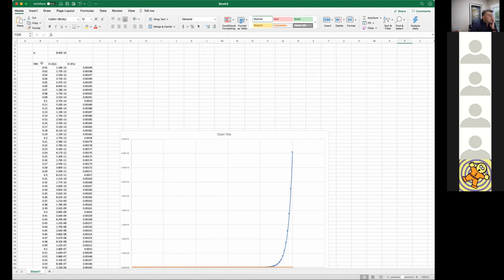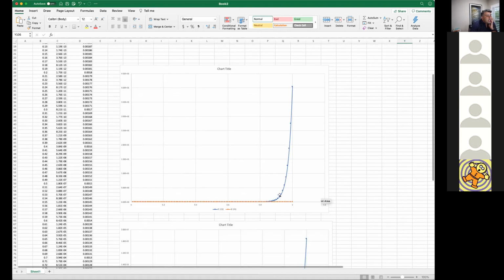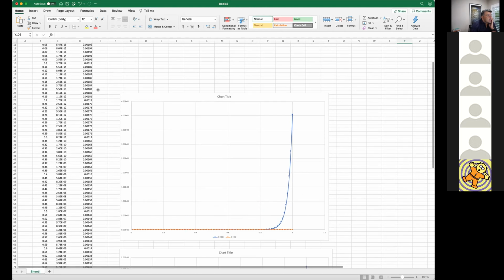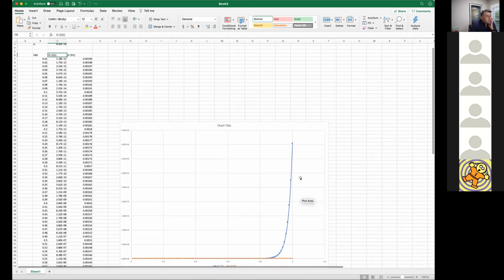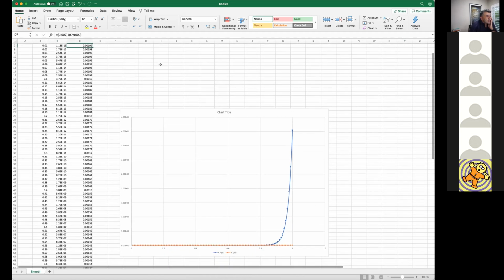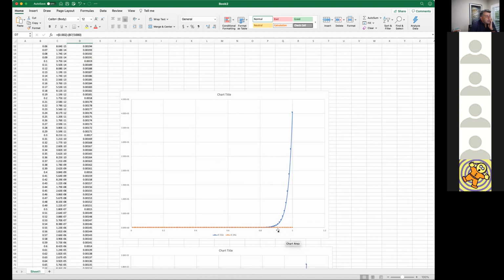Here I have V_BE on the horizontal axis. Then I made the exponential equation in blue, and put the resistive equation in orange, on top of each other.